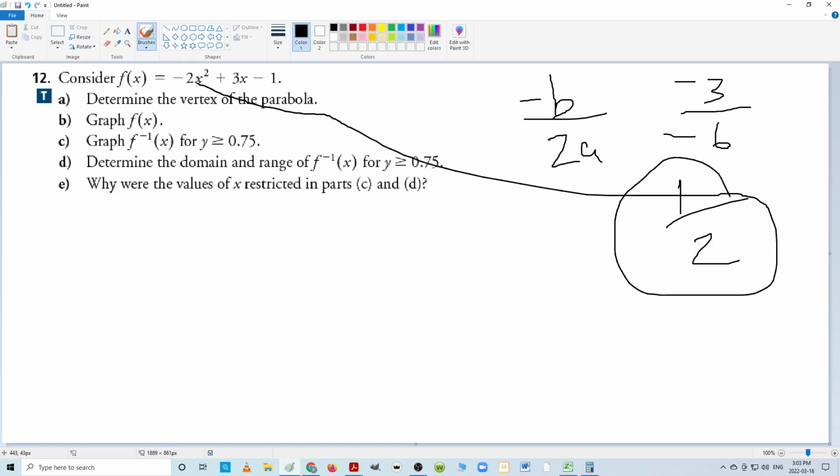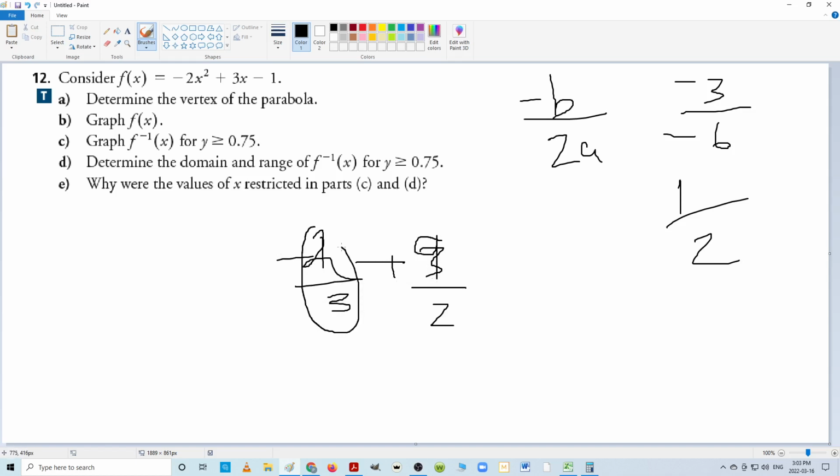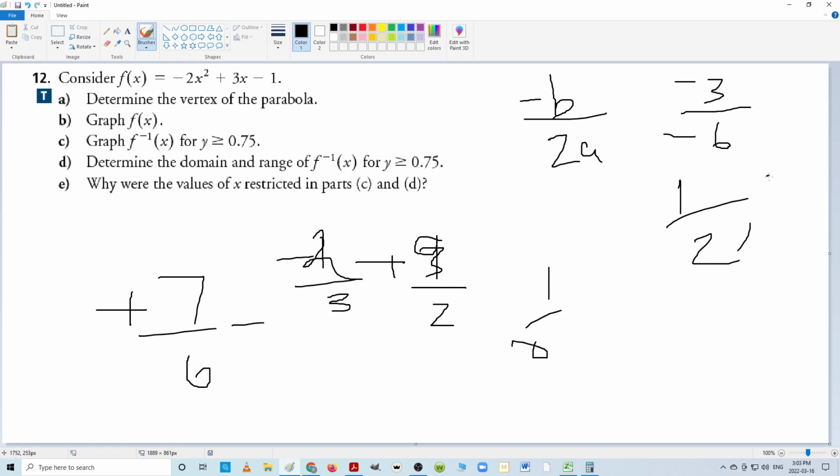And if I plug that in, I get minus 2 times a quarter, minus a quarter, plus 3 halves, minus 1. Just to multiply by 2 and 3. So we're going to minus 2 over 6, plus 9 over 6, plus 7 over 6, minus 1. It's going to be a 6, I think. A half, comma, a 6.